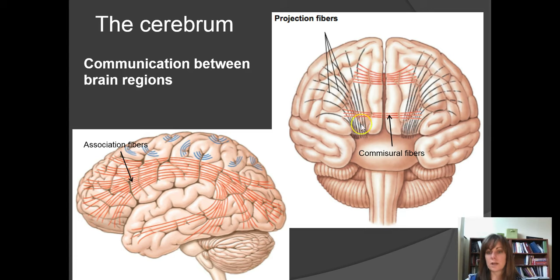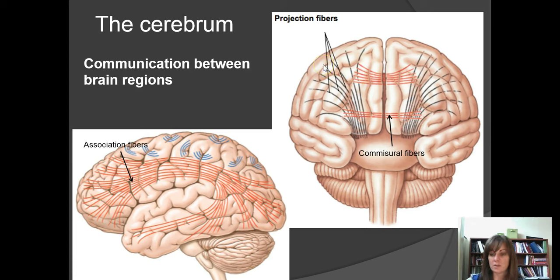Now, if you remember, we also discussed how right and left hemispheres have unique functions. To help connect and coordinate those unique functions on each side, we're going to have what are called commissural fibers. These are in red here, and they connect one hemisphere with another.